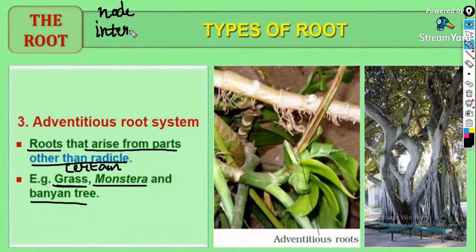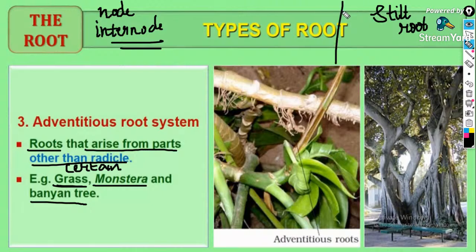For example, in sugarcane you will see a different type of root, that is stilt root. In NCERT, you have the diagram. Suppose this is the cane of the sugarcane, you will see certain fiber-like projections from a particular point.